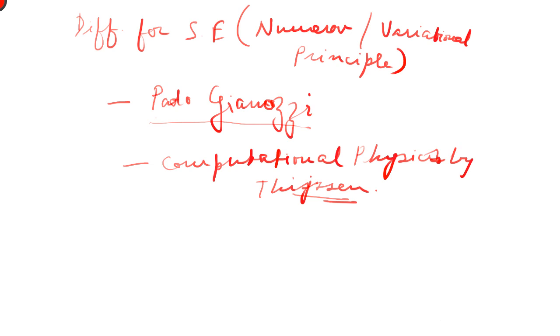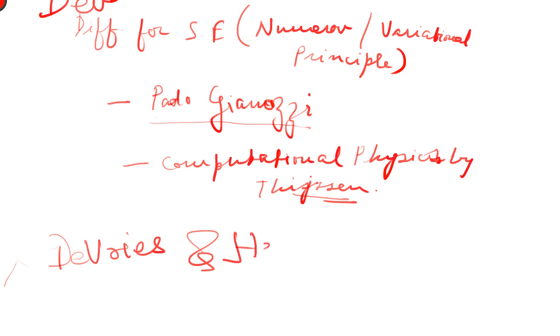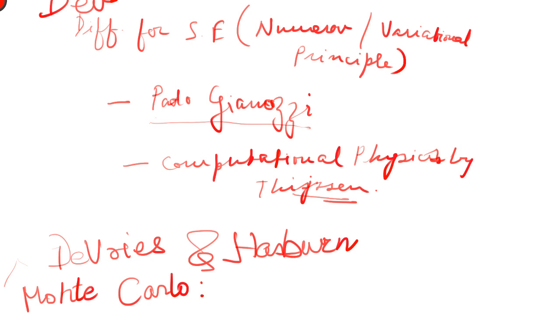So for differential equations, this is the name of the authors, DeVries and Hasbun, and it will be named something like computational physics. And for Monte Carlo, the book is by K. Binder and Heermann.